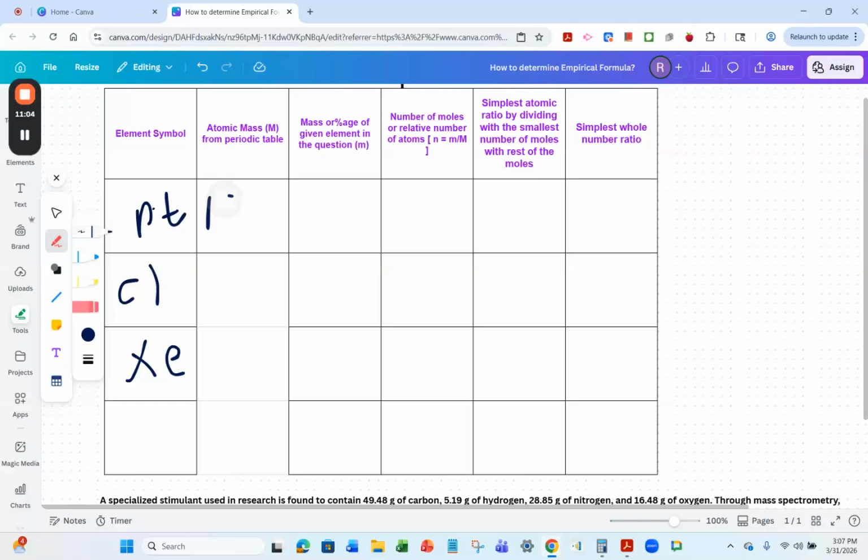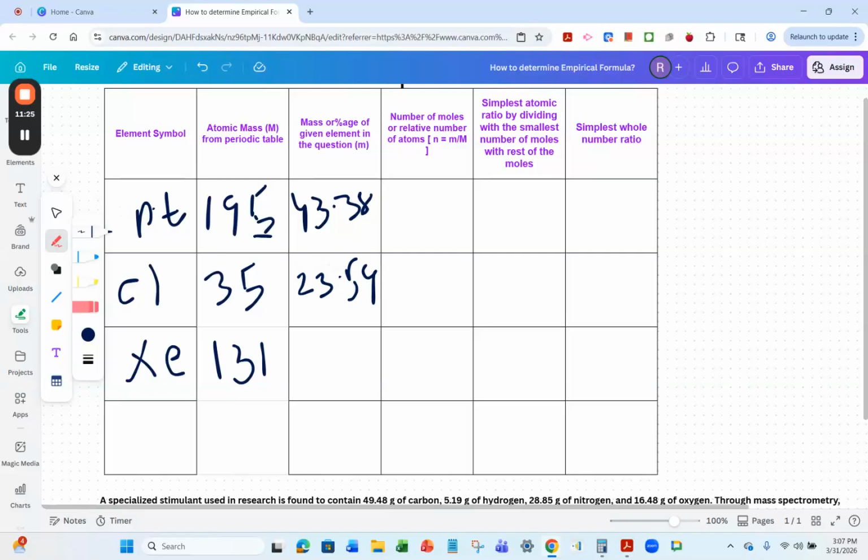Their atomic mass from the periodic table, use the round figure please, 195 for platinum, 35 for chlorine, xenon is 131, and their masses are given to you in the question, 43.38 grams, chlorine is 23.59, and xenon is 33.03.